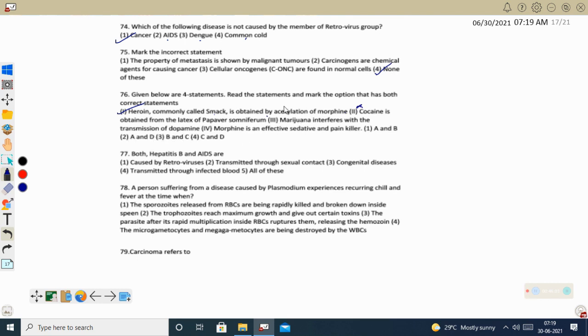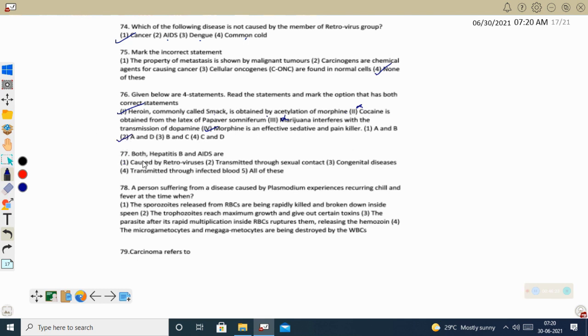No, marijuana interferes with our cardiovascular system. The dopamine secretion is interfered with by the coca alkaloids. Okay, next statement. Morphine is an effective sedative and painkiller. That is correct. So here the first and fourth are correct. So the correct option is A and D.